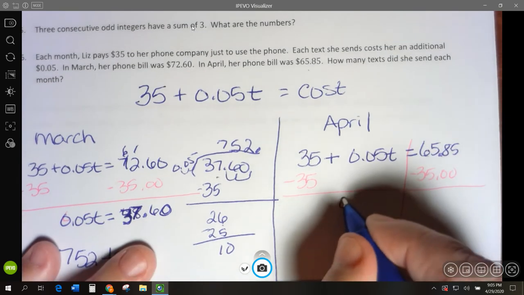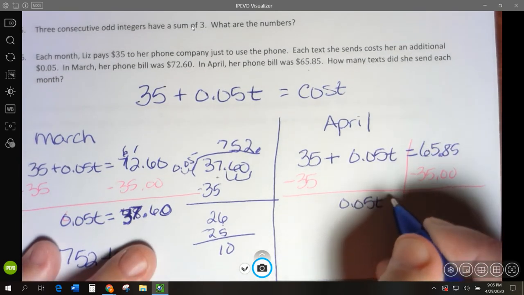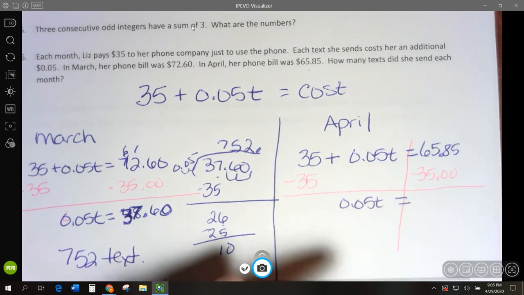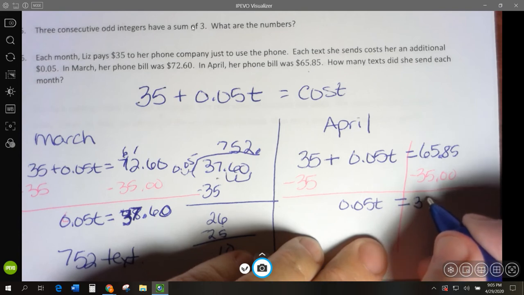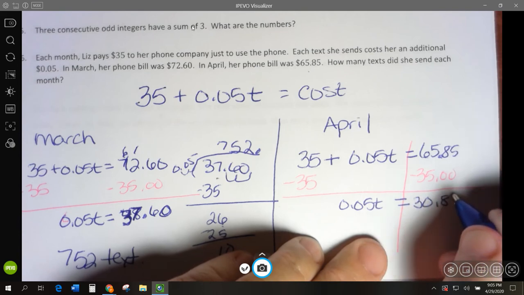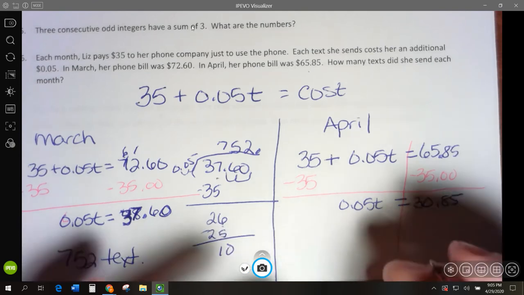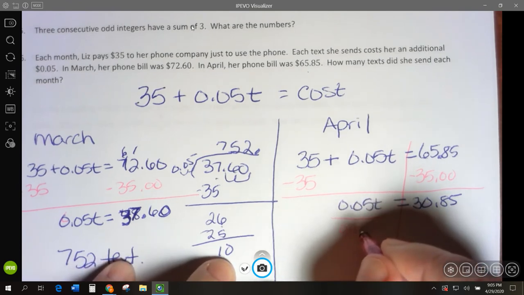So you get 0.05t equals 30.85. So now I got to divide by the 0.05.